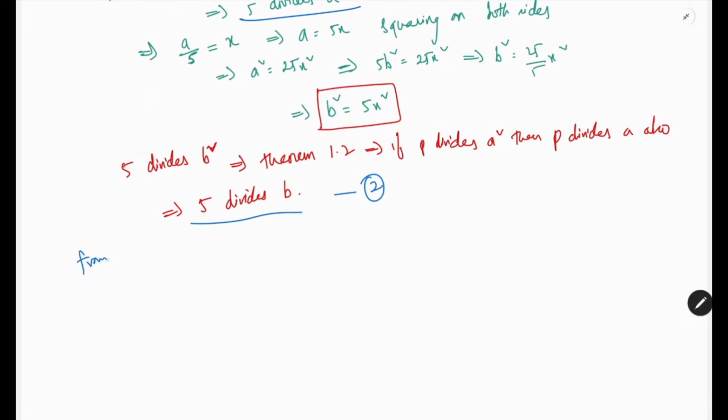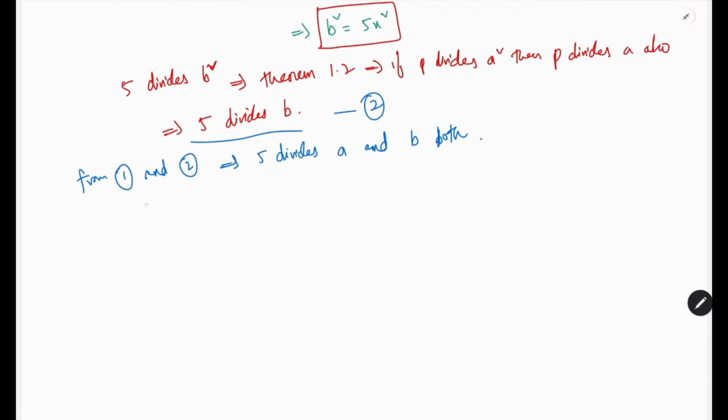From 1 and 2, 5 divides a and b both. That means a and b have a common factor 5.